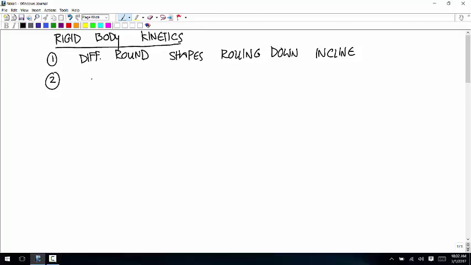Today I'm going to do a pulley with size and mass.